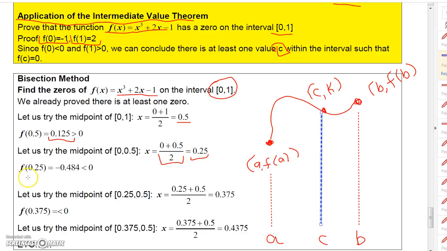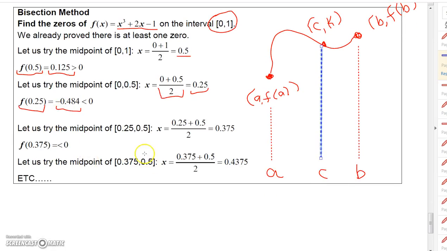Now when I evaluate the function at 0.25, I got a negative number. So f of 0.25 is negative. But remember f of 0.5 was positive. So now I've trapped the solution between 0.25 and 0.5. Let's find the halfway point between those two numbers. That's 0.375. Now let's evaluate the function at 0.375.